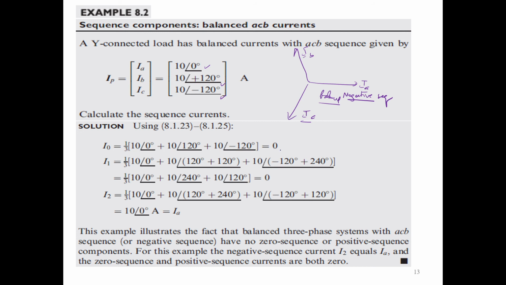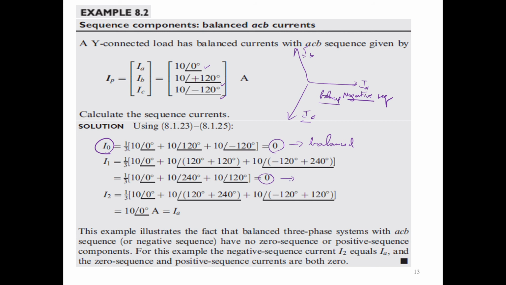You put this into the calculation and you see that I0 is zero because this is balanced. Now you gave the negative sequence, so your positive sequence is zero, because the phase quantities are negative sequence.